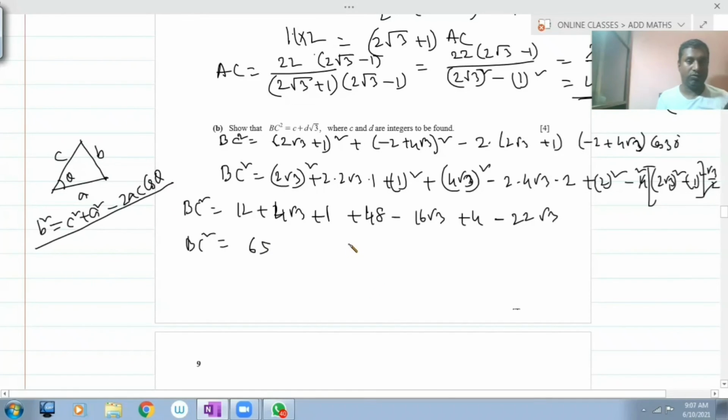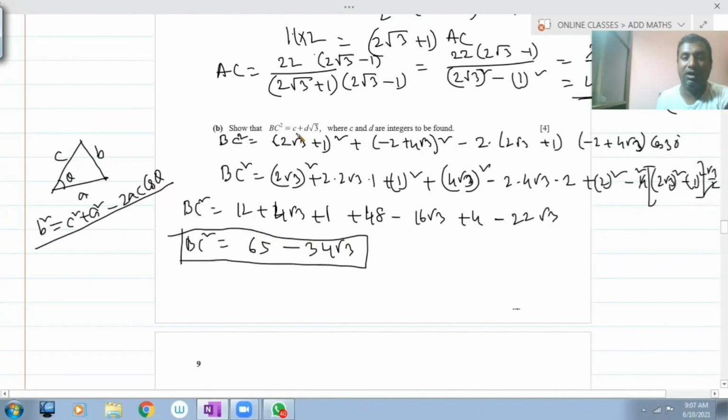Then 4 root 3 minus 16 minus 22, it is becoming minus 34 root 3. Oh, nice. This is the final answer. I have kept the answer in that form, c plus d root 3. Here c is 65, d is minus 34. So this is the final answer.